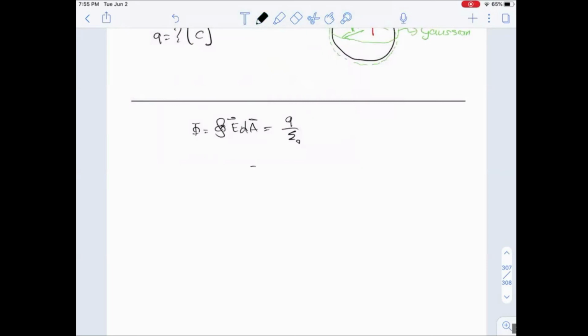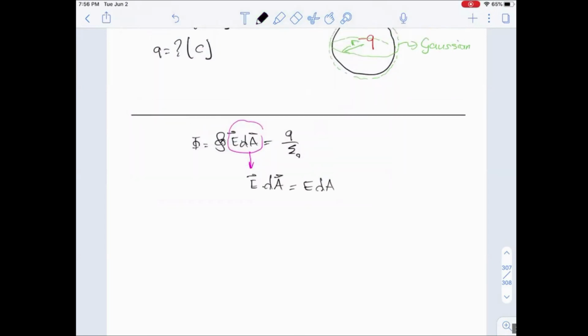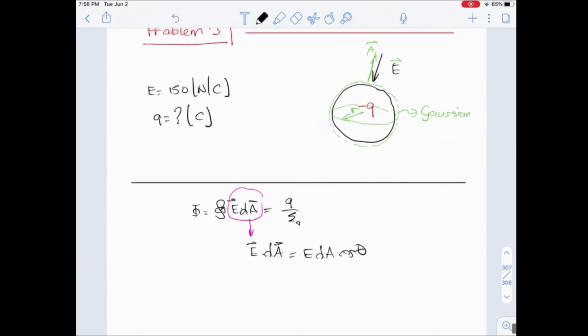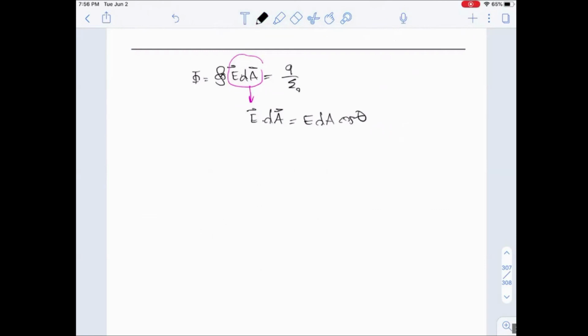All right, we're looking at this region. So you have E times A times the cosine of the angle in between. Given that they're pointing in opposite directions, what is the angle in between?